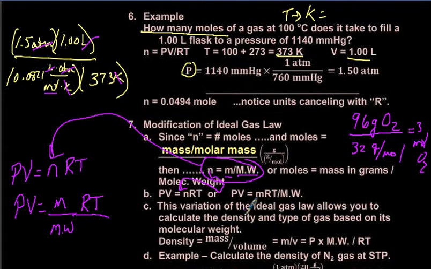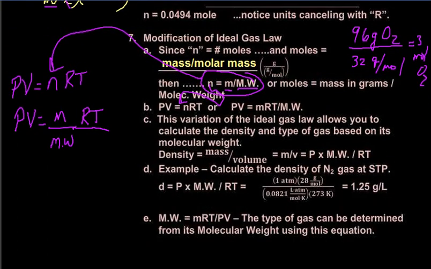Okay, this variation allows us to calculate the density and the type of gas based on its molecular weight. So the density is the mass divided by the volume. Or we can take this, move the volume over to the mass, and manipulate some stuff.